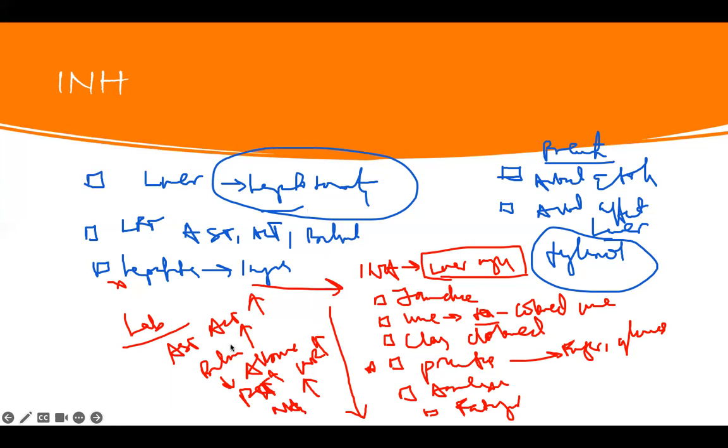So all TB medication can do this. I started from here and went all the way back to fundamentals, pathophysiology and GI, so you can connect it. So we've provided teaching: don't take Tylenol, avoid alcohol, don't take any medication that affects your liver.